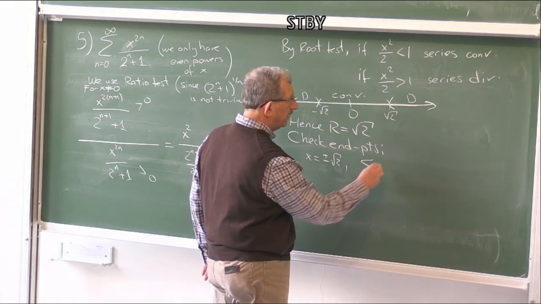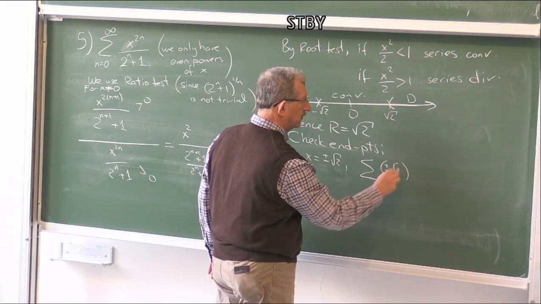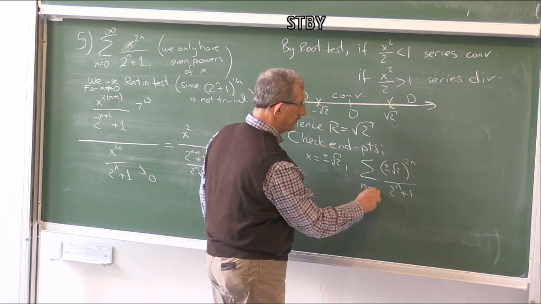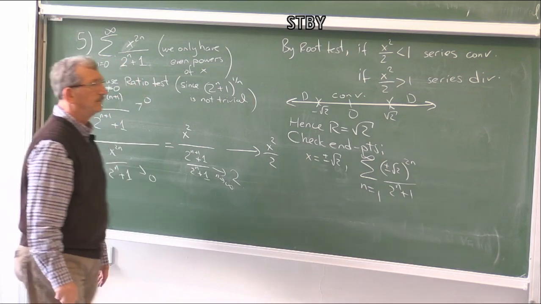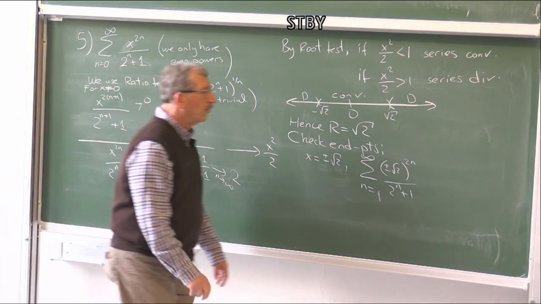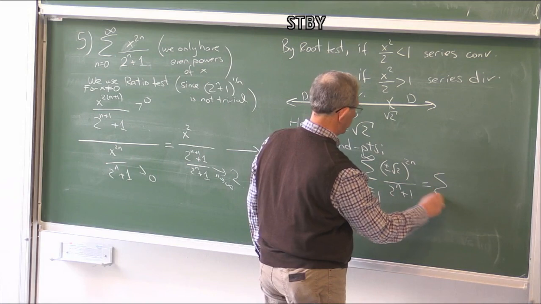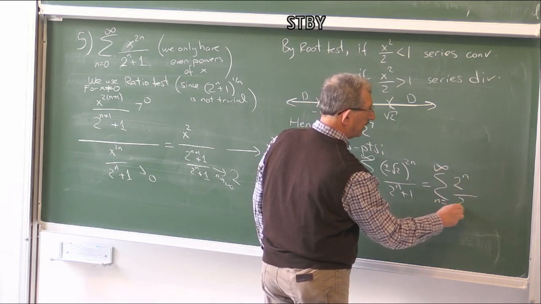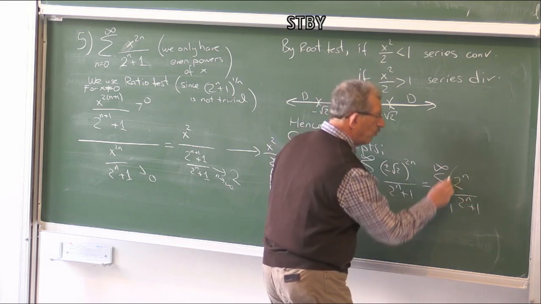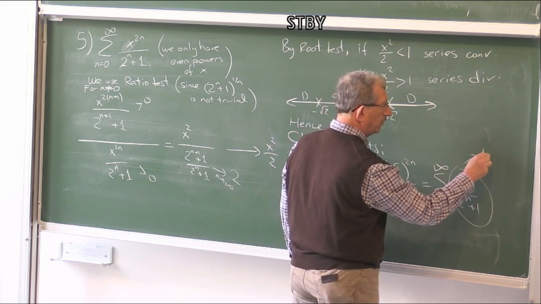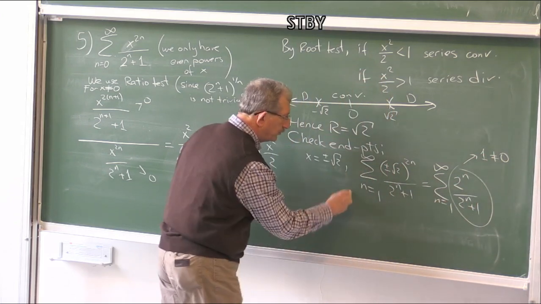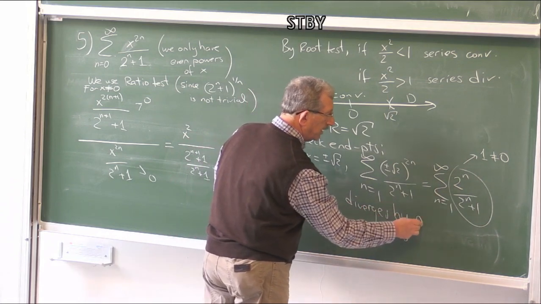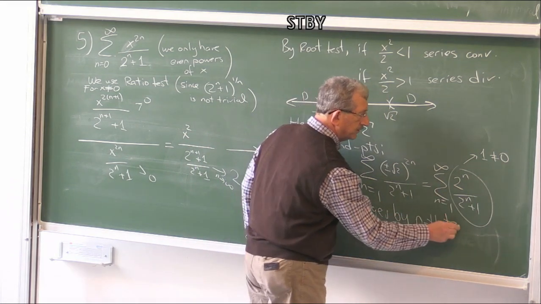The series becomes this one, which is precisely the series of 2 to the n divided by 2 to the n plus 1, which of course diverges by the nth term test.